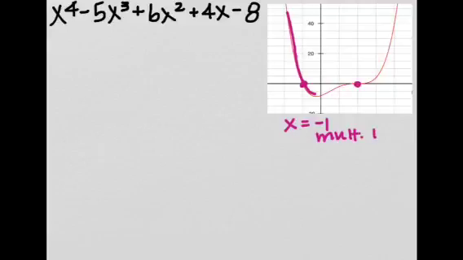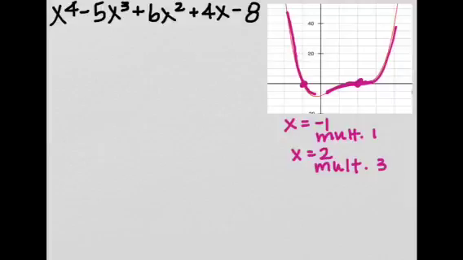Now at 2, the graph goes to 2, but here's that slide we were talking about. Slides along the x-axis before continuing it up. So at x equals 2, we know that has to be an odd multiplicity. And since we know we need 4 roots altogether, the only multiplicity we can have is a multiplicity of 3.